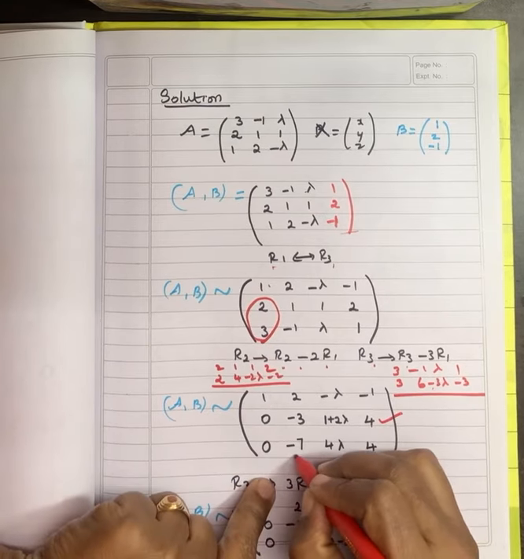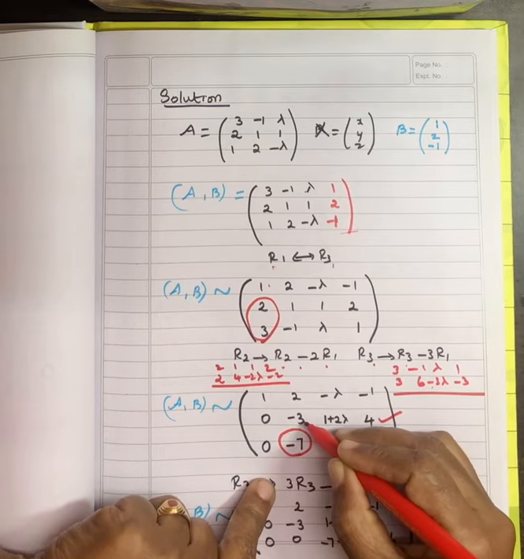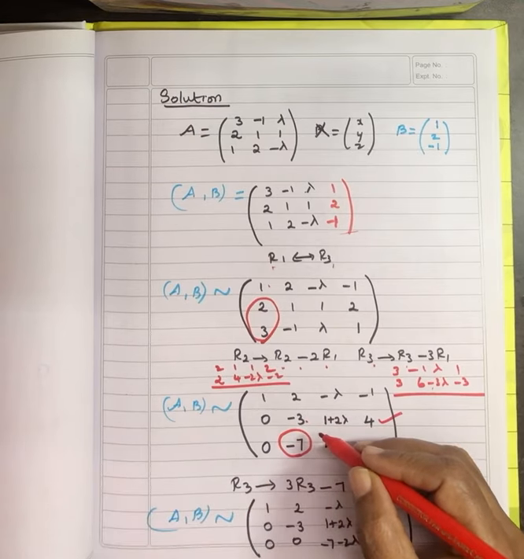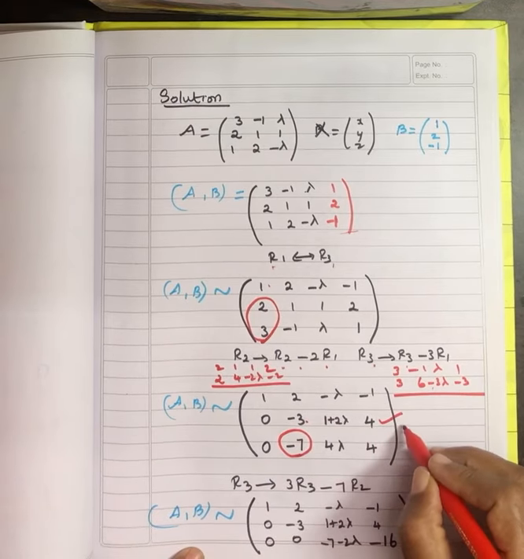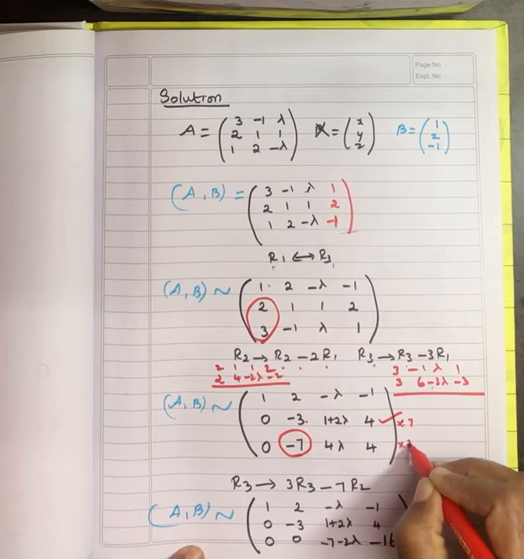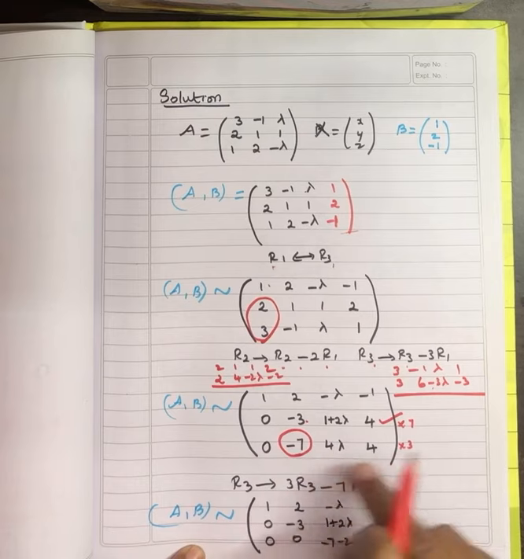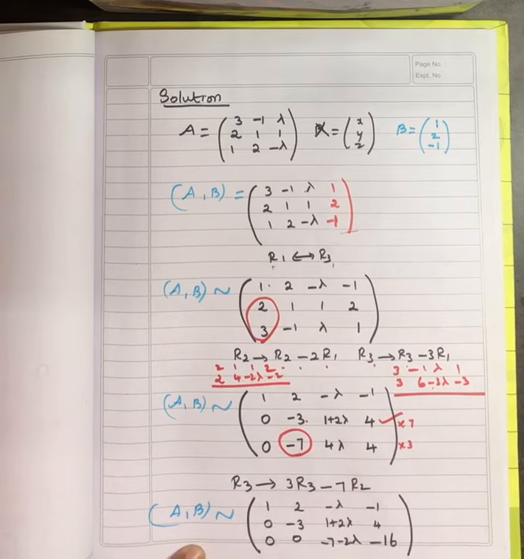Now I must make this number 0. I have to look at the number just before. It is minus 3. I want both the same number. So I will multiply this with 7 and this with 3. So 7 means minus 21. Here 3 means minus 21. Then I can subtract and make this number 0.